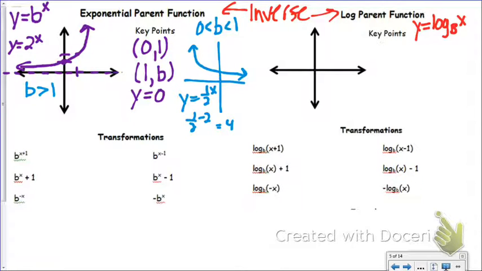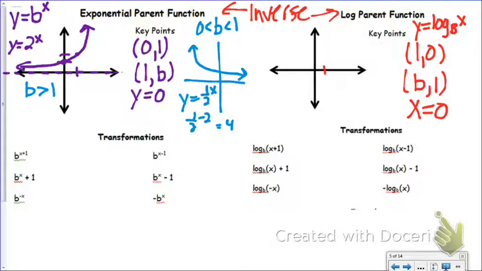If you remember what inverse means from Algebra 2, it's when you flip-flop the x and the y. What that's going to do is change those key points. Instead of a key point being 0, 1, one of those key points is going to be 1, 0. Instead of 1 comma the base, I'm going to have the base comma 1. And instead of y equals 0 as an asymptote, I'm going to have x equals 0 as an asymptote.